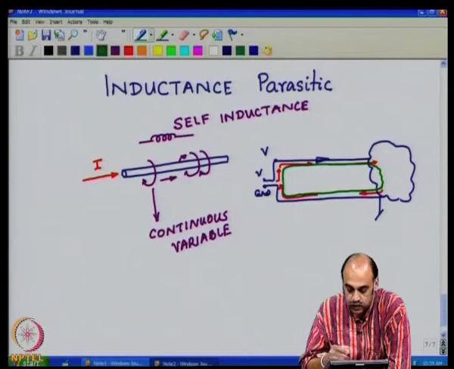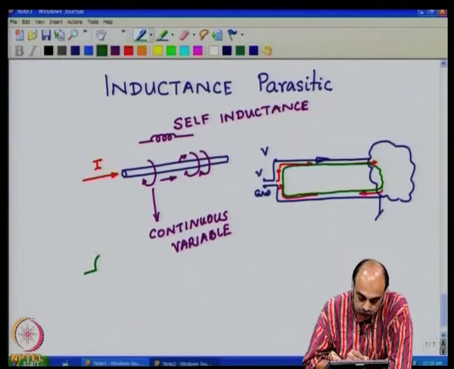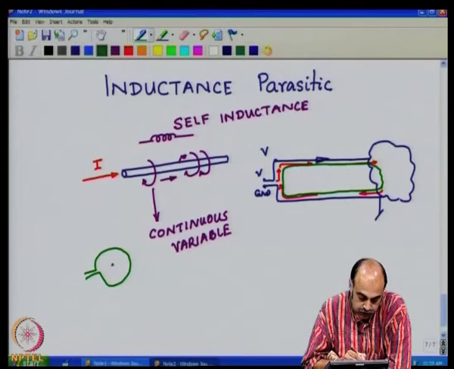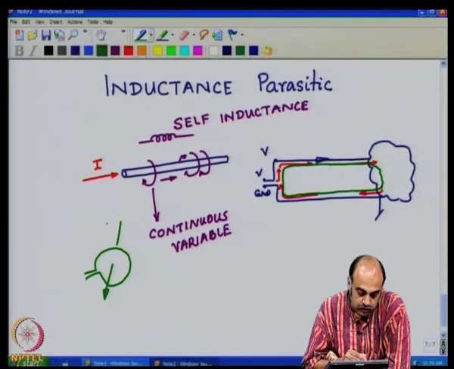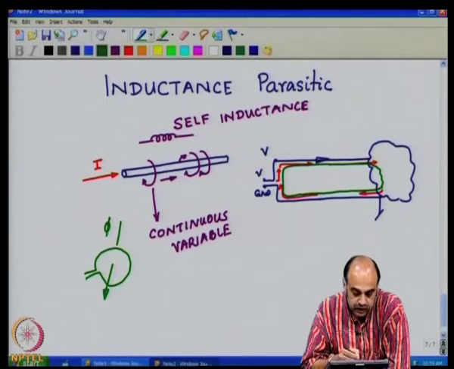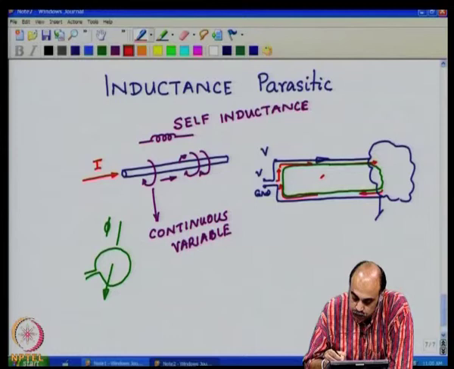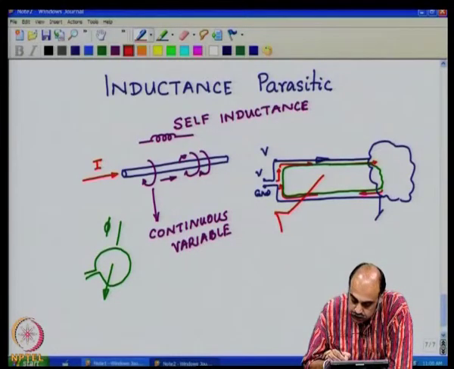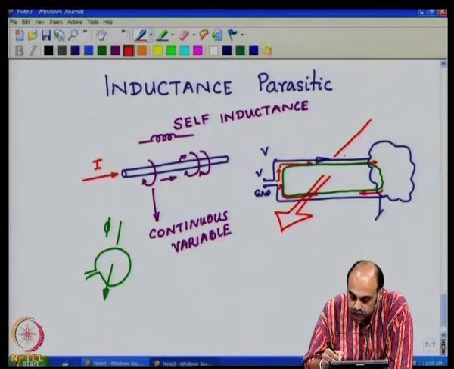This is a loop. So, if a current flows in a loop or a coil, there is a flux phi or B which is set up, which goes perpendicular to the cross sectional face of the coil area. And in this case you have the loop, and therefore you will have a flux which goes perpendicular to the face of the coil.